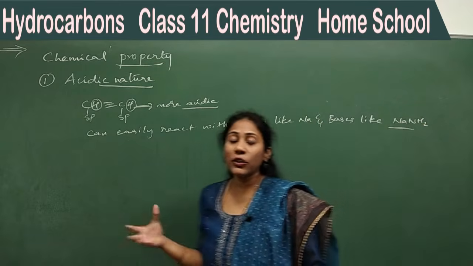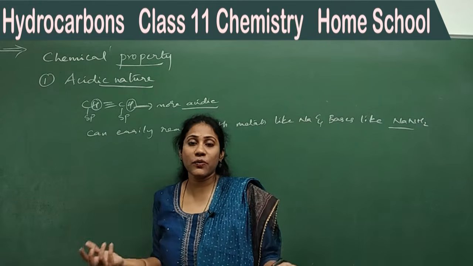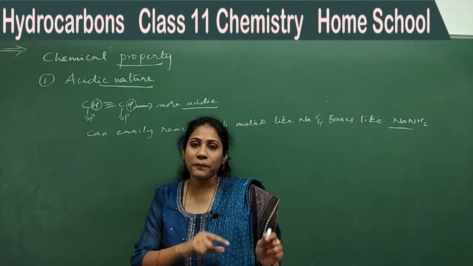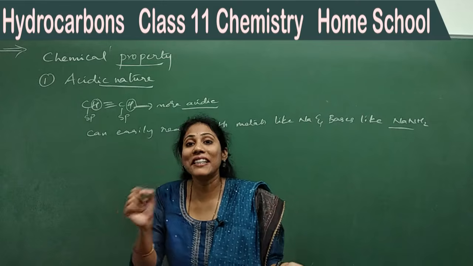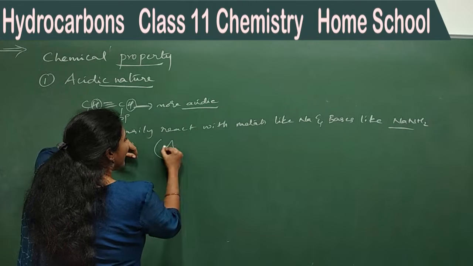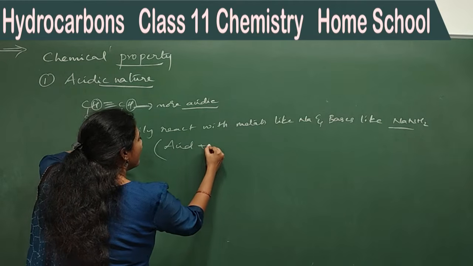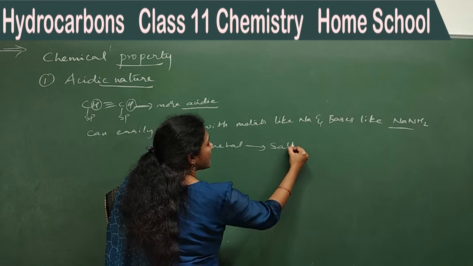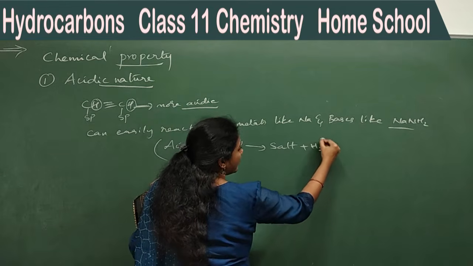We all know any acid easily reacts with metal. On reacting with the metal, what do you expect? Definitely salt and hydrogen gas. This is a very common reaction: whenever an acid reacts with a metal, we always get the respective salt plus hydrogen gas.